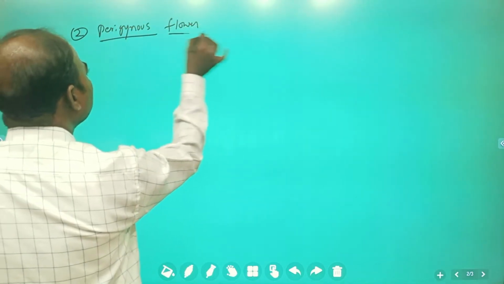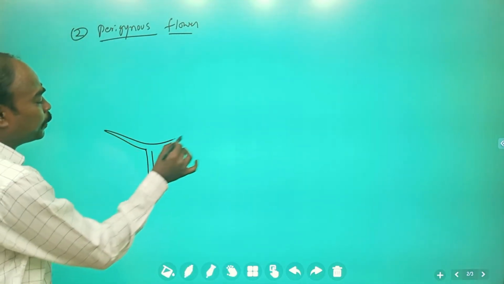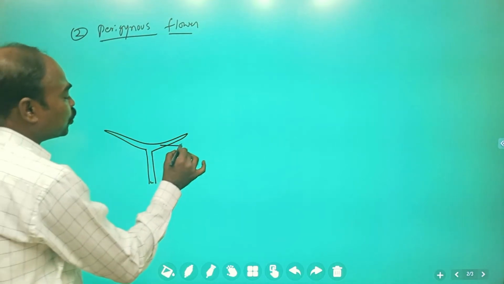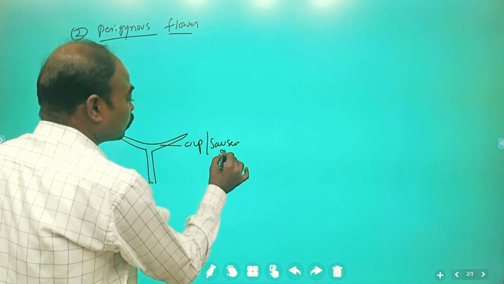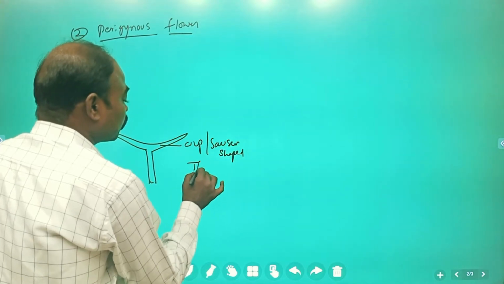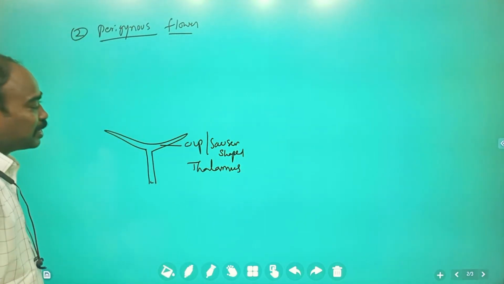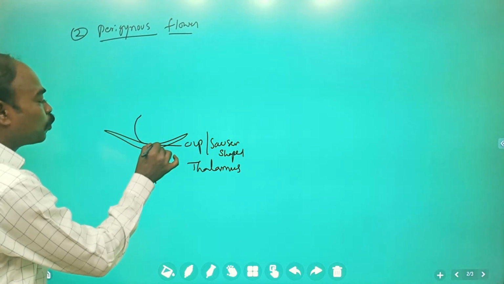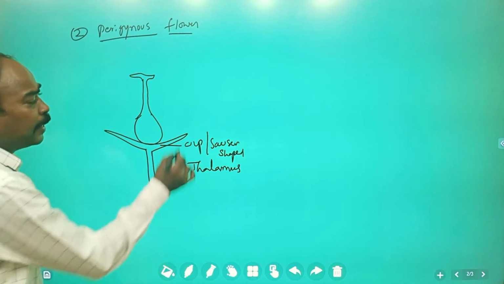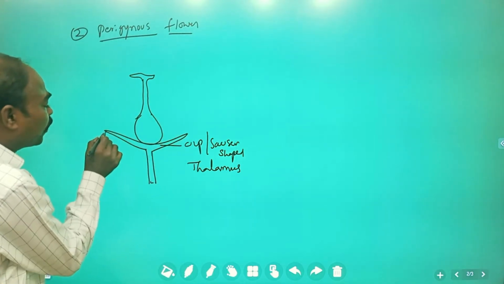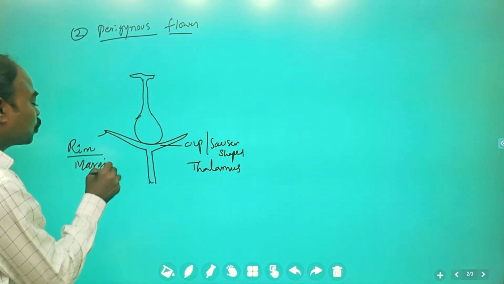The second one is perigynous flowers. In these perigynous flowers, the thalamus is cup shaped or saucer shaped, on which the centralmost part, the gynoecium, is arranged at the center.